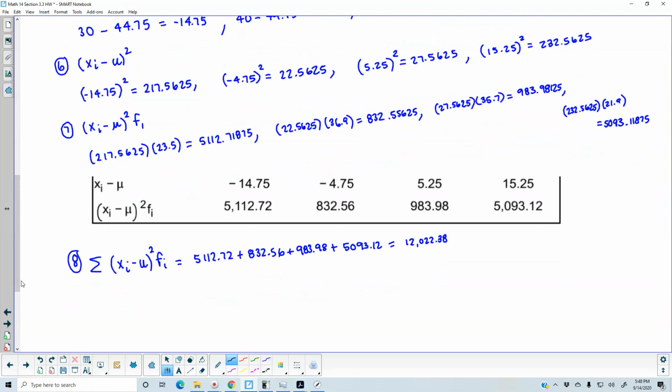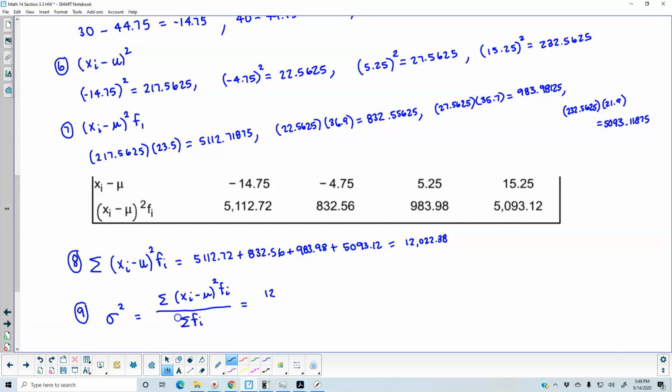And so now we want to be able to solve for the variance and then the standard deviation. The variance is equal to the sum of what we just found divided by the sum of the frequencies.